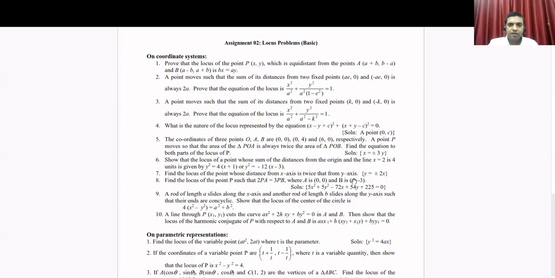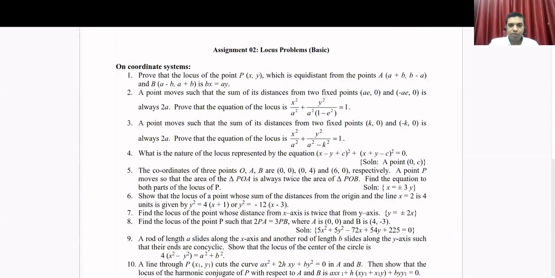I've shared this assignment with you on the Moodle platform, so you can observe this assignment, of which I'll do a few problems. The remaining you should try. You should be able to do it.